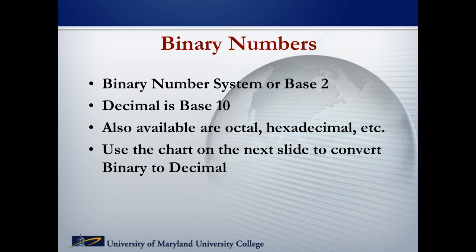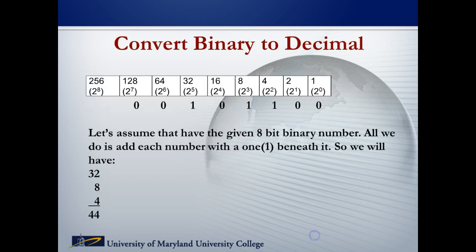But I want to show you a real quick way. This is a really easy way to convert a binary number into decimal. So if you look at this, this is really a 9-bit representation, but the typical representation is 8-bit.